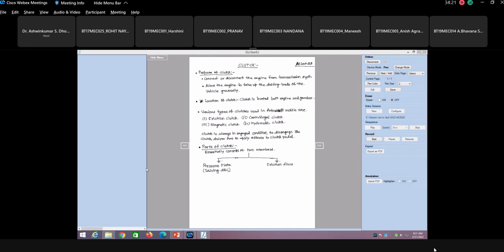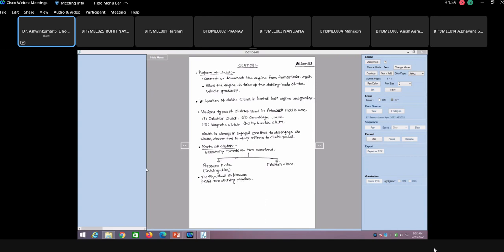Okay, so usually the flywheel will act as a pressure plate. So the flywheel or pressure plates are driving members.